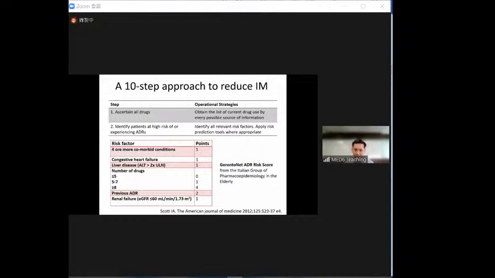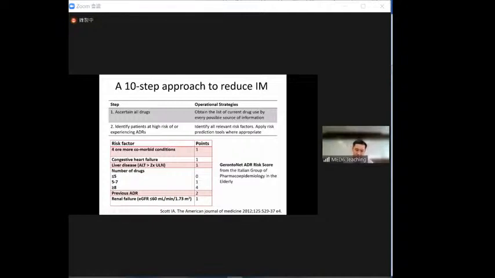So first of all, we would want to ascertain all the drugs, be it a hospital-prescribed drug, over-the-counter drug, herbs, supplements, etc. And then we would want to identify the patients who have a high risk of ADR. One of the tools used in the research setting in Italy is the so-called GerontoNet ADR risk score.